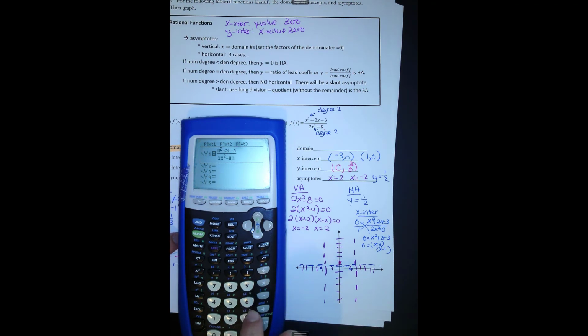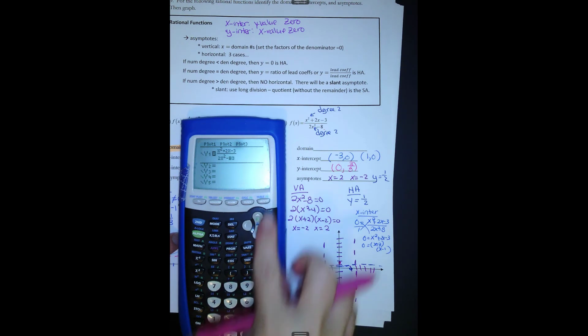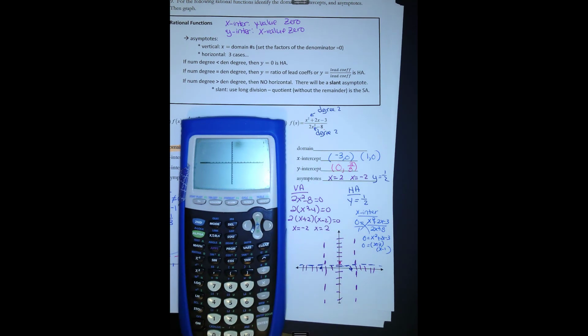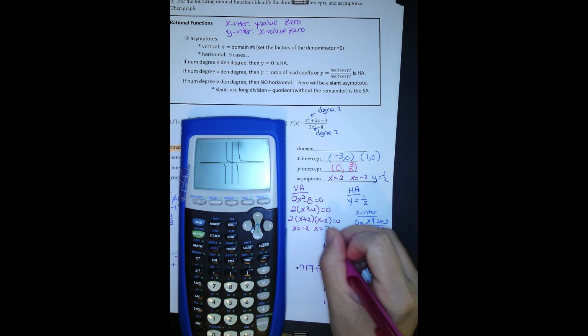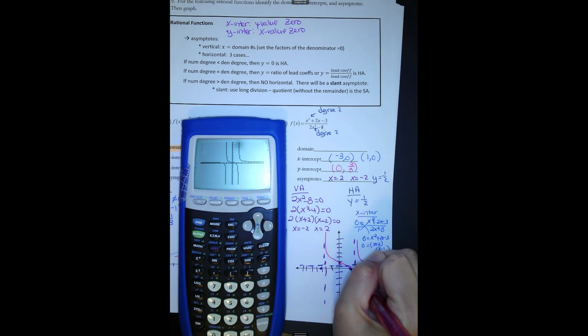And I'm going to double check, did I put everything in right? And then hit graph. So here's our lovely little graph, and notice our function is divided into 3 different parts.